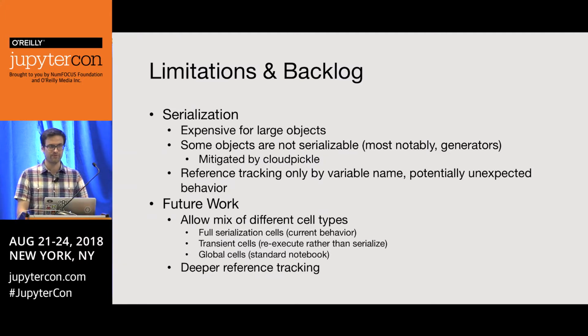And if you're working on 12 gigabyte data sets or whatever, you quickly blow out either your RAM or your disk space by going back and forth serializing everything. One way to handle that is to treat this as something for smaller scale sample exploration.